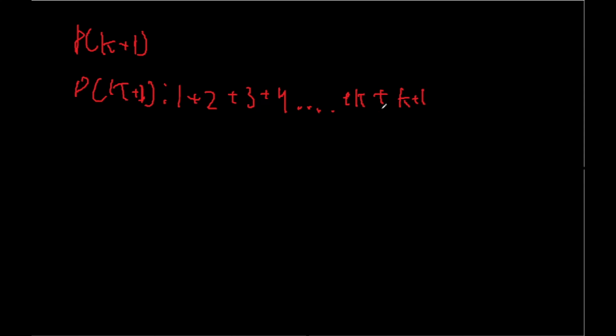Now, in the previous statement, what we assumed was that this part of the equation is true, because we proved the base case, and that this part is k times k plus 1 divided by 2, which was the original thing, which I'll actually put up here, what we're trying to prove again.